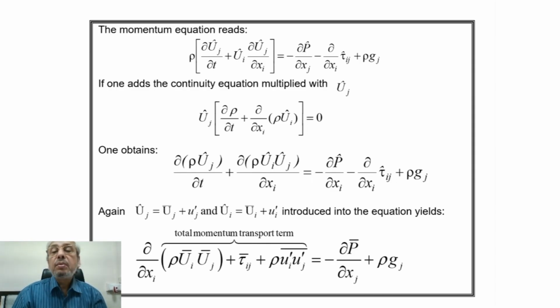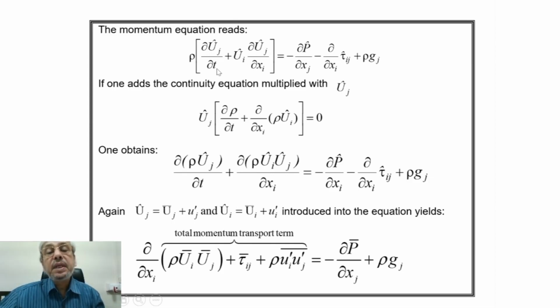In index notation, this is the usual momentum equation, or rather momentum equations, because we are writing uj hat, which represents three velocity quantities in three directions, and ui hat.